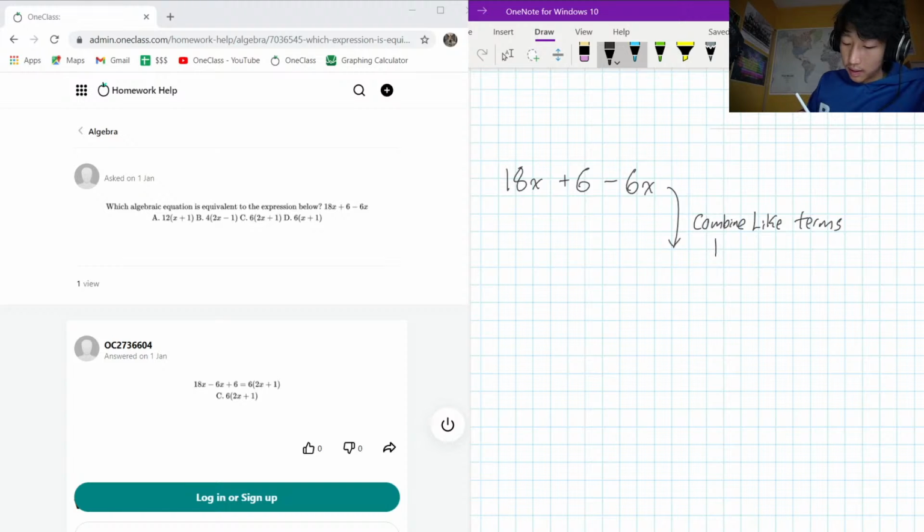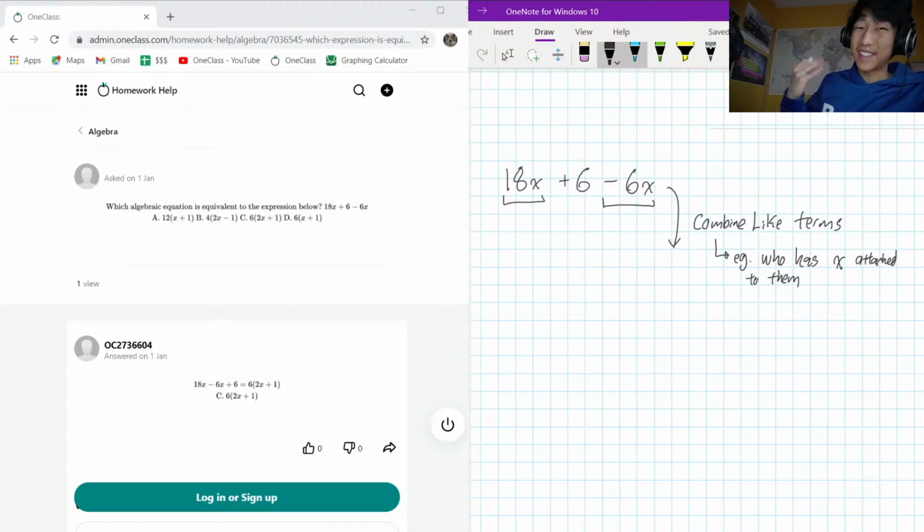Like terms is whoever has the same, in this case, who has an x attached to them. And we can see that the 18x and the negative 6x, don't forget that negative there, that negative is attached to that term, negative 6x.